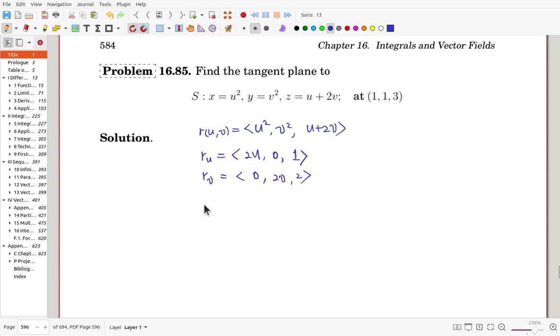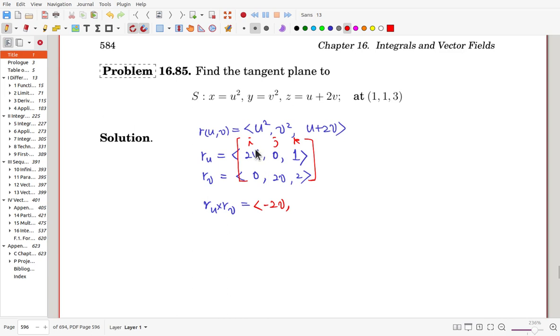So the cross product, R sub u cross R sub v, is the determinant of the matrix with i, j, k, and this vector, that vector. Here we have i, j, k and the matrix having the two vectors, and we try to find the determinant. For i, eliminating this row and column, AD minus BC gives minus 2v.